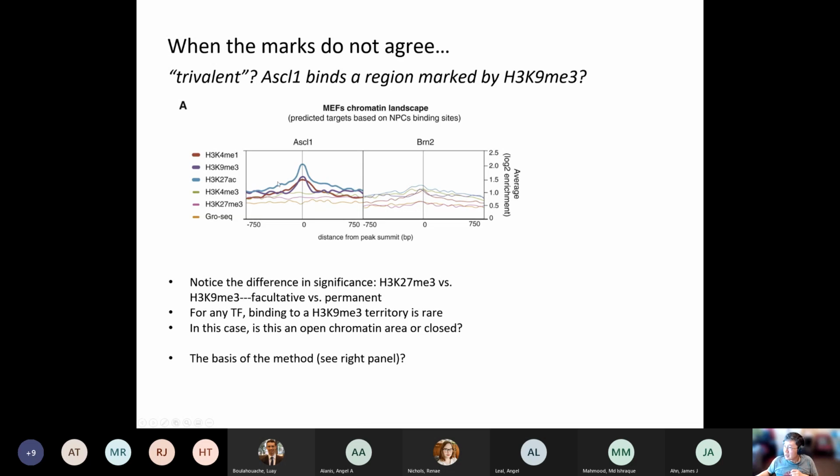And of course, at the same time, they also did the landscaping. Basically, they found where those histone modifications are. This alignment here shows you that 0 is the ASCL1 binding center, the center of this transcription factor binding site.